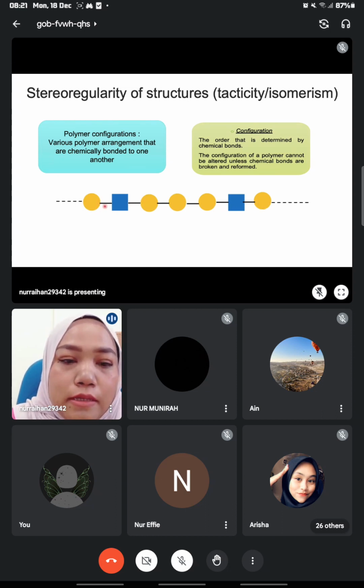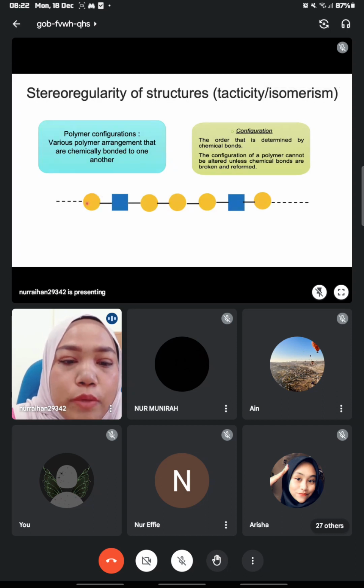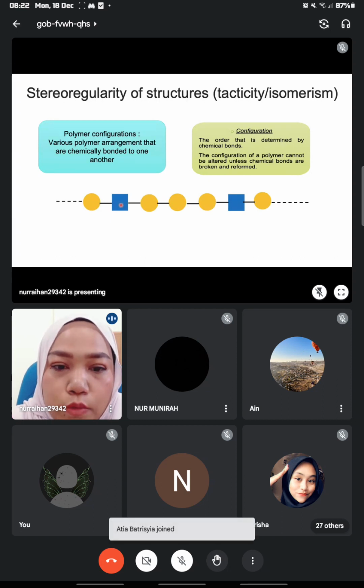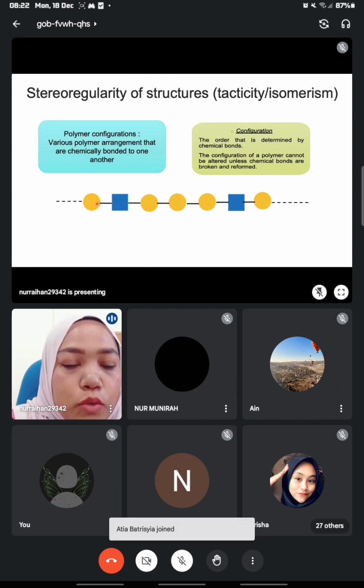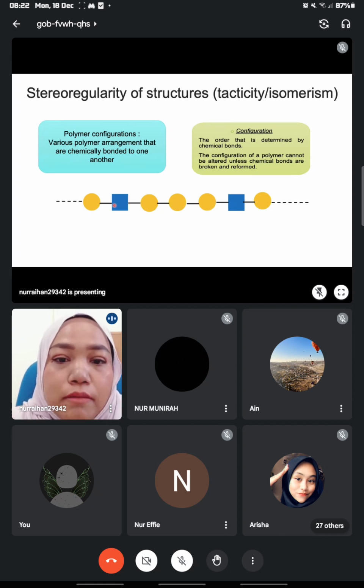Let's say we have a circle and also a square. The arrangement between the circle and the square is considered as the configuration. The bonding between the circle and the square cannot be altered, it means they cannot be changed unless you break the bonding. So when there is a configuration in a polymer, you cannot alter the arrangement.